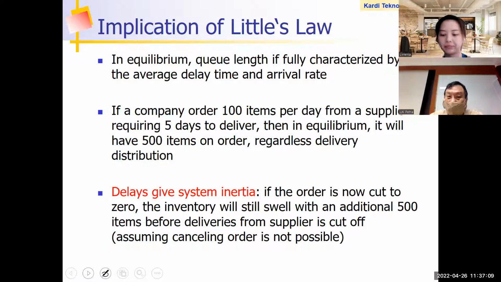You cannot just order 100. So basically, delay gives the system certain inertia. If the order is now cut to 0, the inventory will still swell with an additional 500 items before actual deliveries from the supplier are cut off. There is some kind of inertia, assuming cancelling an order is not possible. Clear or not? That's the implication of Little's law.